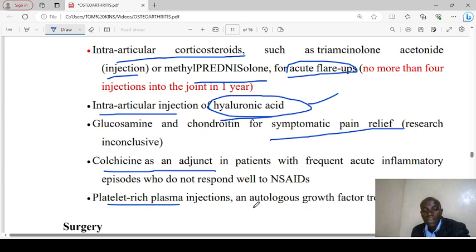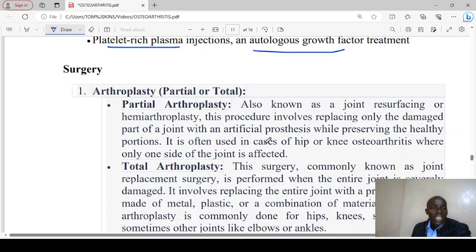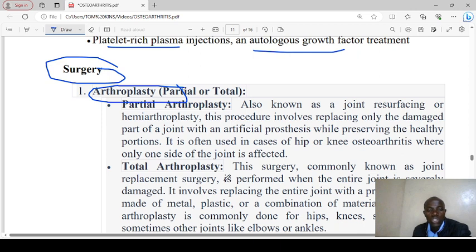Okay, here we have autologous growth factor treatment. The surgery that is involved for patients suffering from osteoarthritis. We have arthroplasty. It could be partial or total arthroplasty.